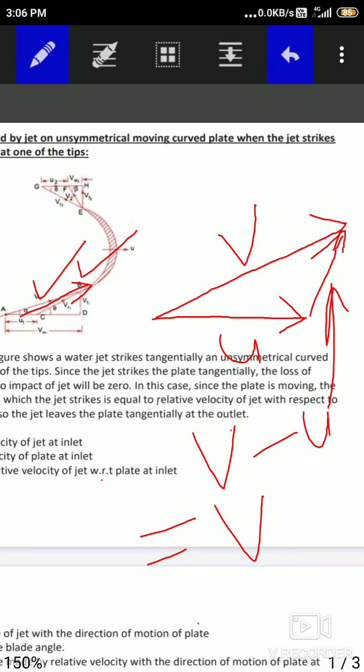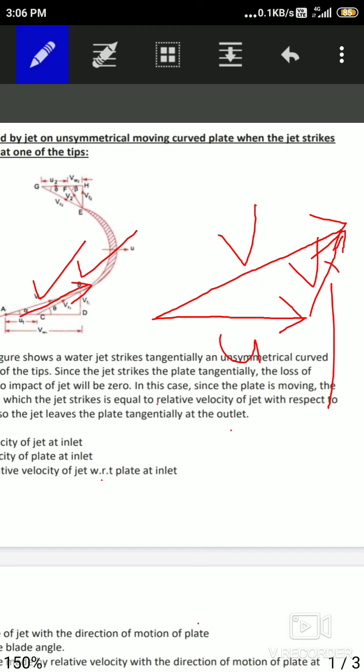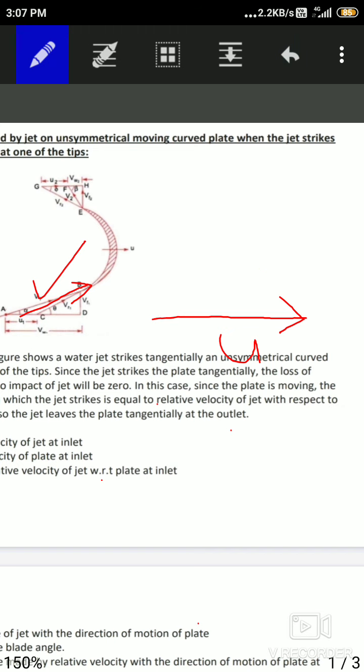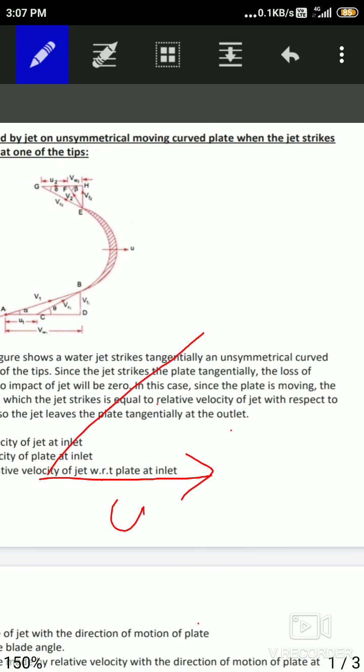Then you remember this is VR. Now I will redraw it. This is U. This is V. This is VR, and this V has two components.